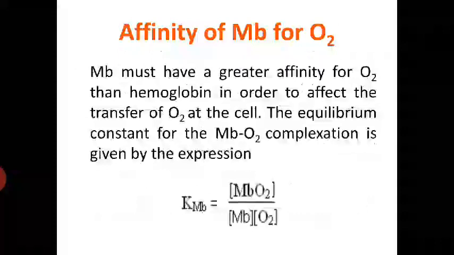So the equilibrium constant for the MbO2 complexation can be given as Kmb equal to [MbO2] by [Mb][O2], the molar concentration of oxygenated myoglobin divided by the product of the molar concentrations of myoglobin and oxygen. As we all know, square brackets indicate molar concentrations.